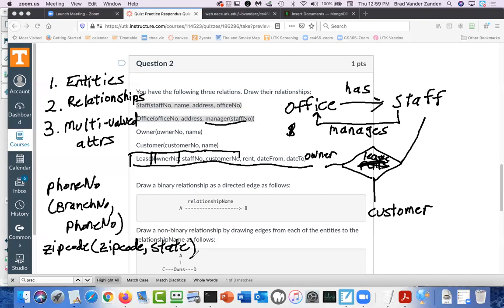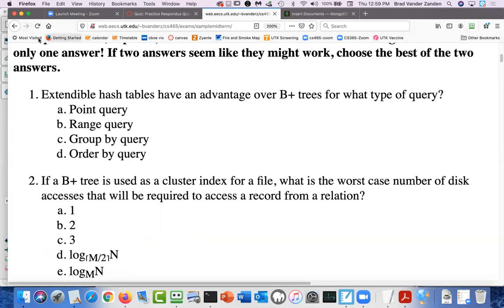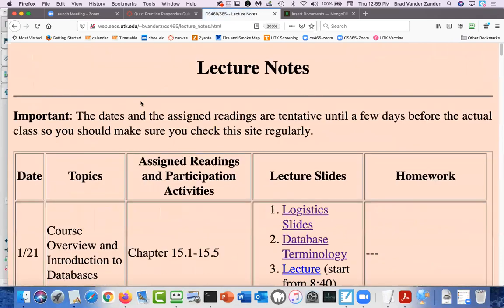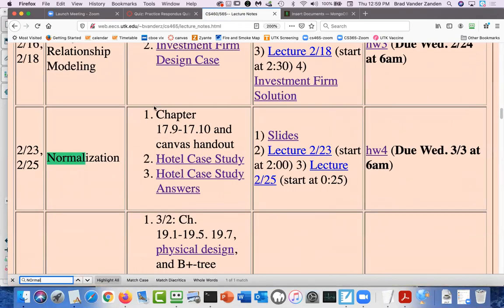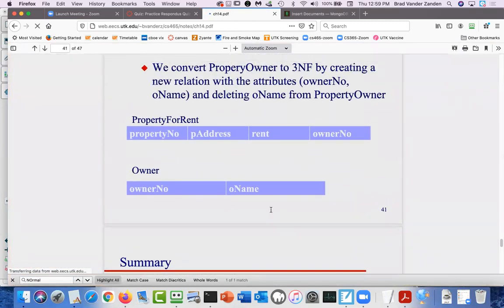So here, if you just have a moment, I'll show you in the notes what I mean. If we go to normalization.